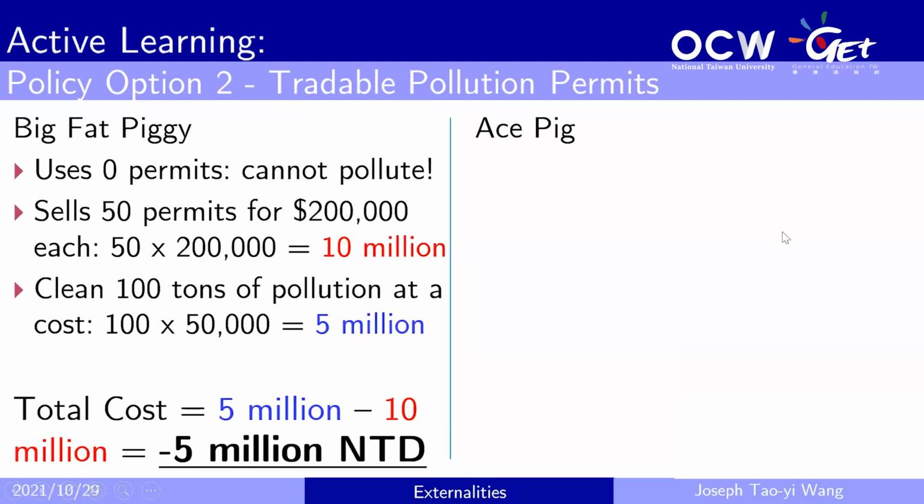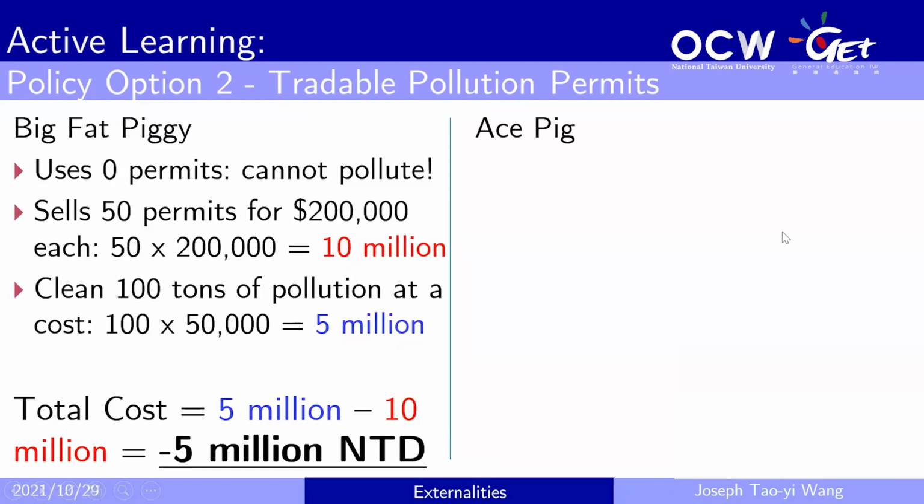So here you see the power of the tradable pollution permit market, where these low-cost firms could even make money. They sell the permits for $10 million. It only costs them $5 million to prevent this pollution, so they're making money.